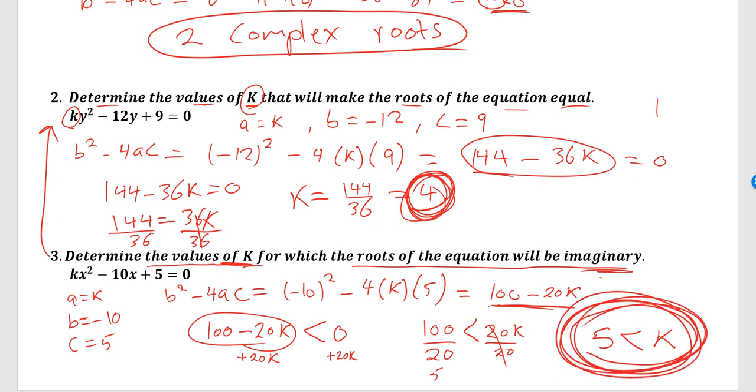So this is our solution. Okay? All the values of K for which the roots of the equation will be imaginary are all values K greater than 5. Okay? So 6, 7, 8, 9, 10, 100, 1000, etc., etc.